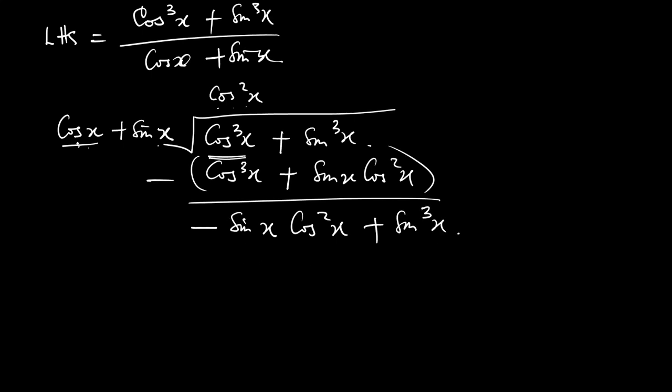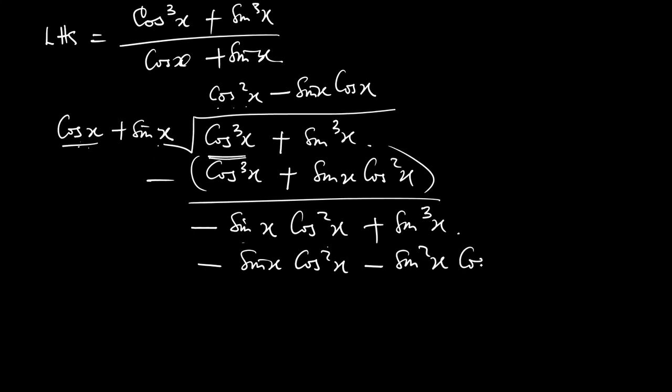Now if we use this cos x to divide this, you have minus sine x cos x. So using this minus sine x cos x to multiply cos x, you have minus sine x cos square x. Then use this same value to multiply this, you have minus sine square x cos x.